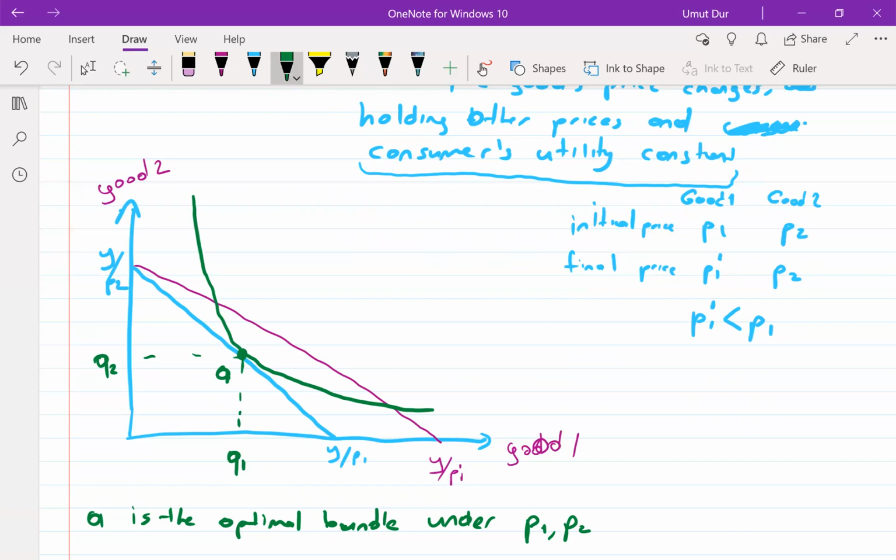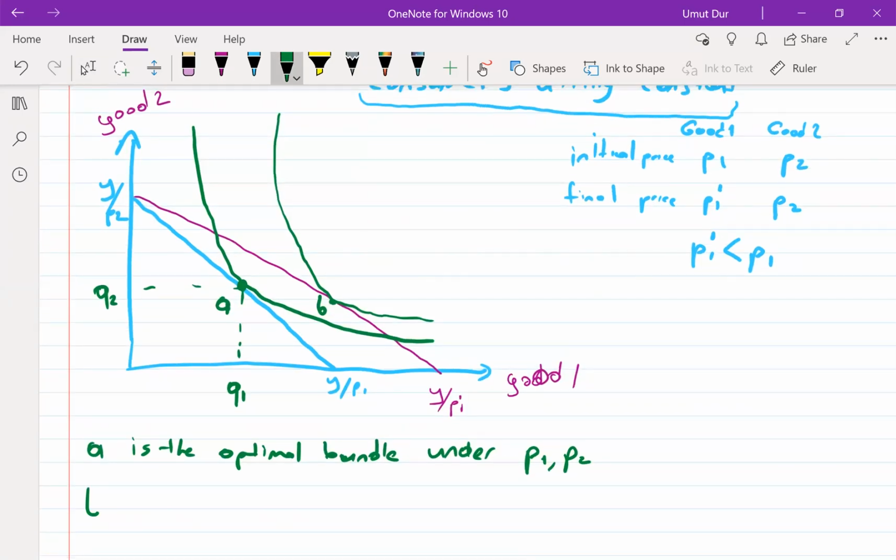Okay. Then I have another indifference curve, which is tangent to the budget line with the new prices. Let's say that this is point B. Point B is the optimal bundle under the new prices.